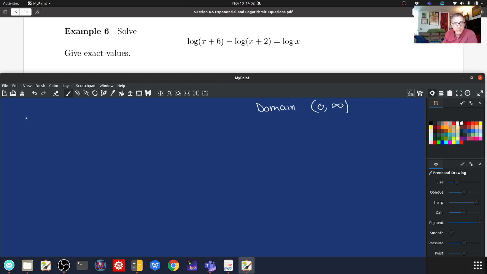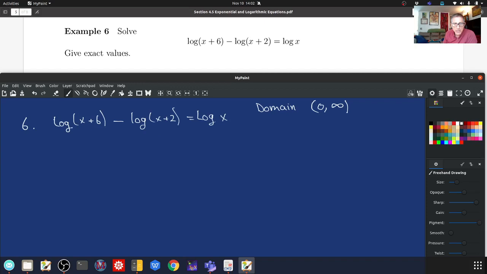So in our equation here, I'm taking the base 10 log of x plus 6, and then I'm subtracting the base 10 log of x plus 2, and that's going to be equal to the log of x.